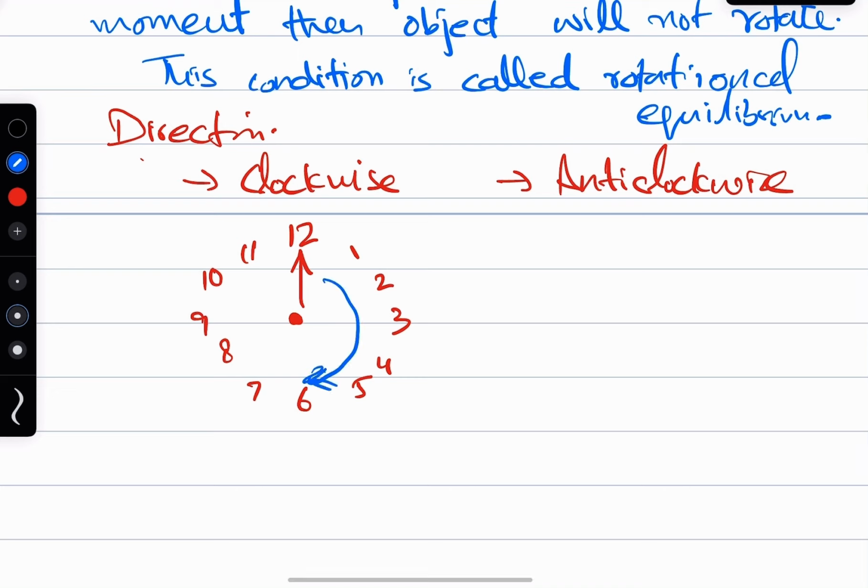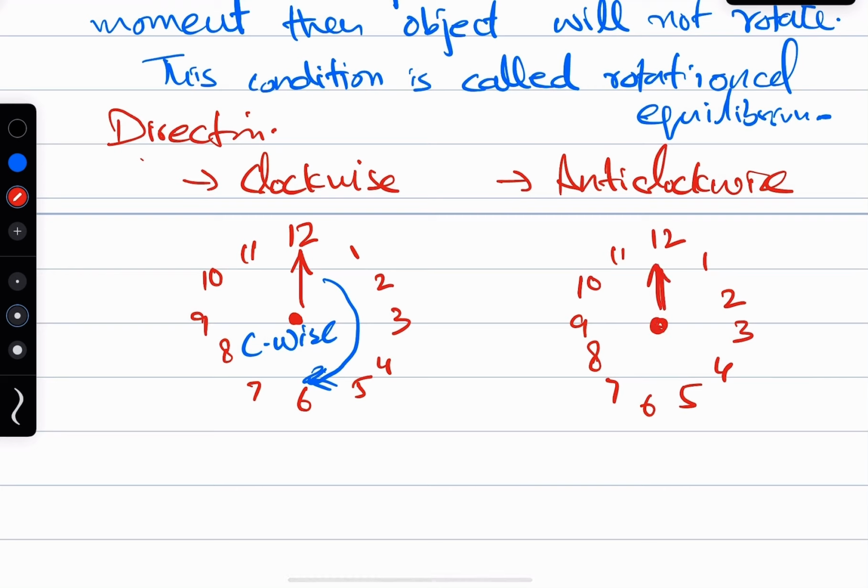So the direction of the clock is known as clockwise movement. And if there is a needle at 12, and we move opposite to the motion of the clock in this direction, that will be anti-clockwise movement. So these are the two possible directions. One is clockwise, and the opposite direction to the clock is called anti-clockwise movement.